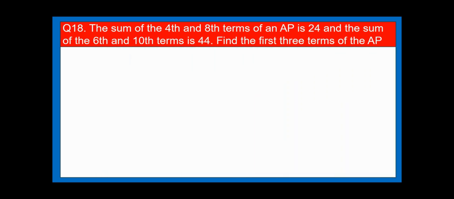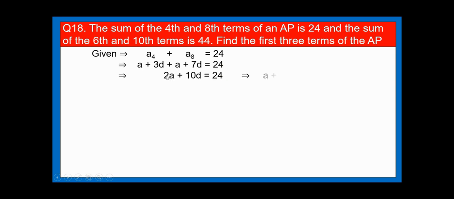It is given that in the given AP, the sum of the 4th and 8th, that is a4 plus a8, is equal to 24. What is the nth term of an AP? Good. a plus n minus 1 into d. a4 means n minus 1, 4 minus 1 is 3d, a plus 3d. a8 means a plus 7d. a4 plus a8 means a plus 3d plus a plus 7d is equal to 24.